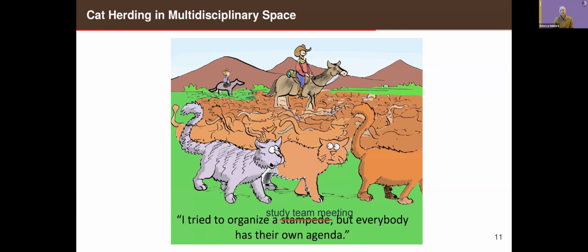Our poor students just wanted to be able to do the work so that they could get publications, so they could write their dissertations, so they could graduate and move on with their lives. And our funder was really committed to seeing us deliver on the deliverables that we had identified in the grant proposal. So as the PI of the grant, it sort of fell to me to try to get this diverse team with different objectives organized around delivering on what we had committed to the funder that we would do.